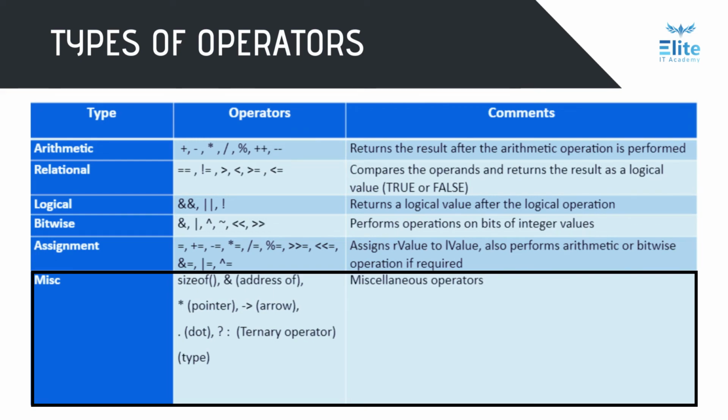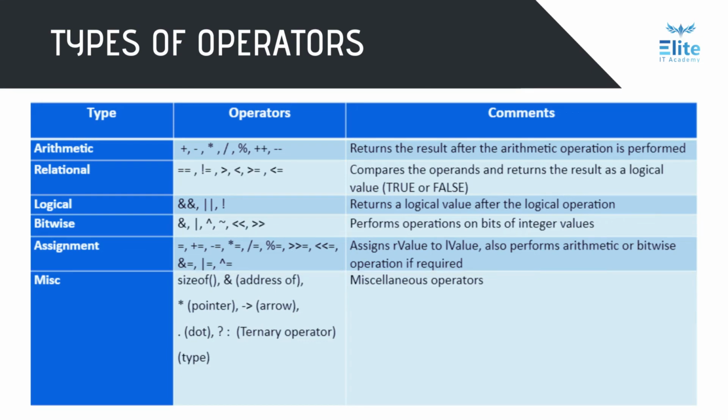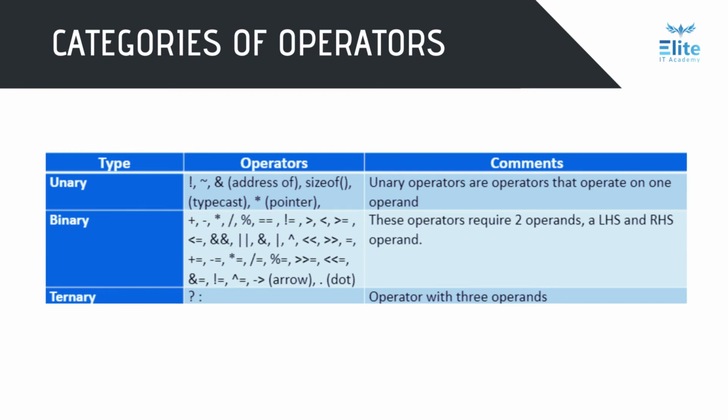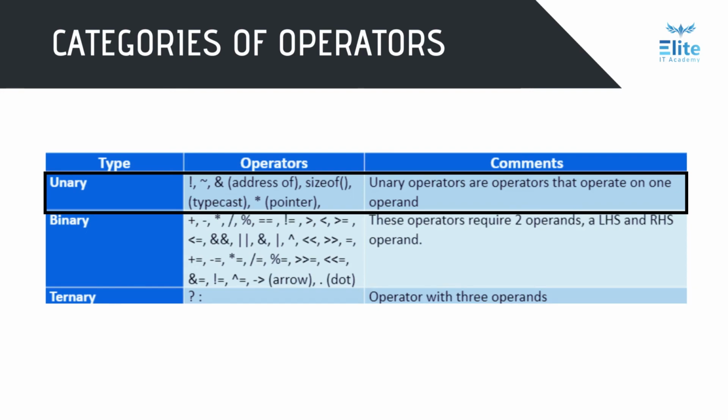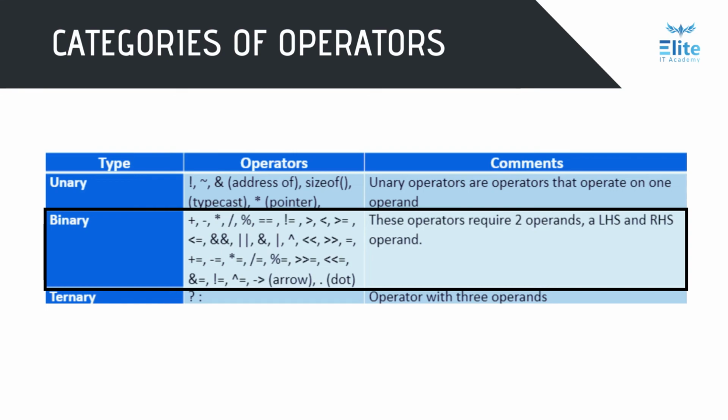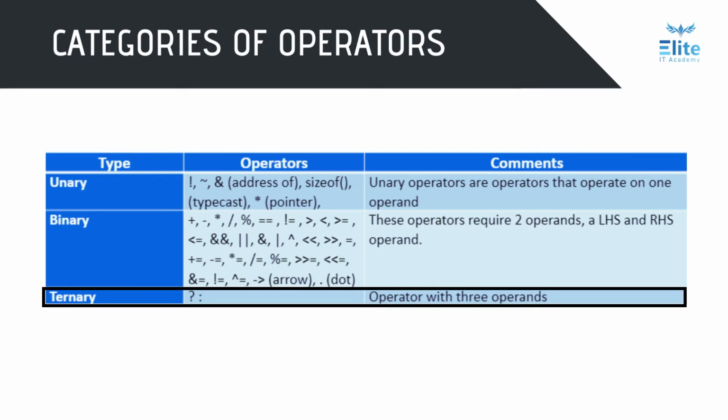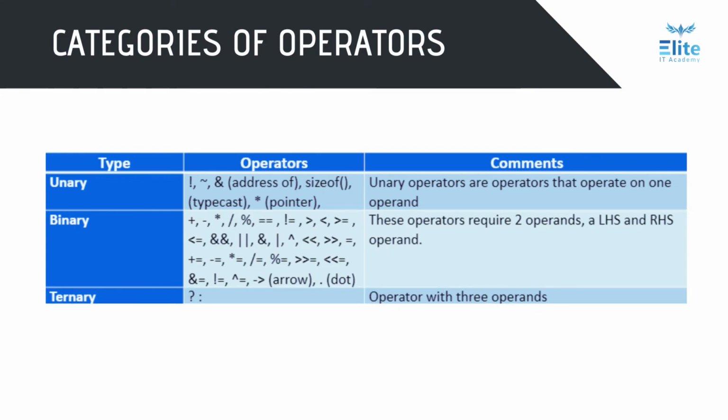Finally, we will cover some miscellaneous operators like sizeof, address of, the ternary operator, and the typecast operator. Another classification of operators is based on the number of operands they have. They are unary operators that operate on a single operand, binary operators that need two operands, and ternary operators that have three operands. Now let's look at each of these different types of operators.